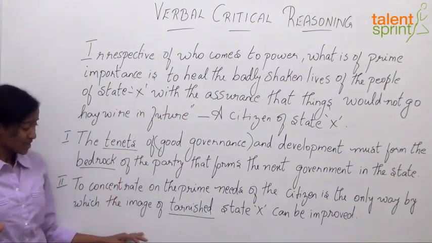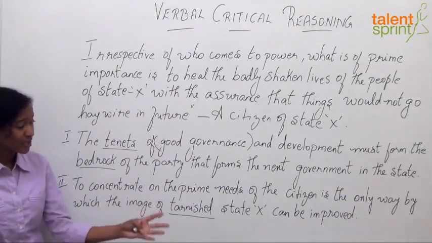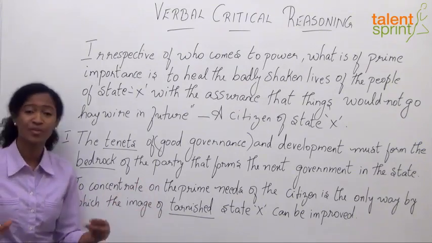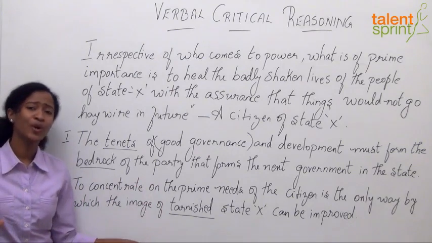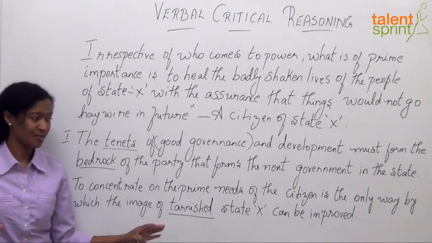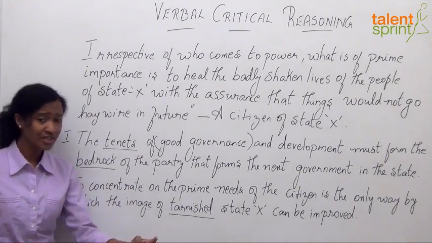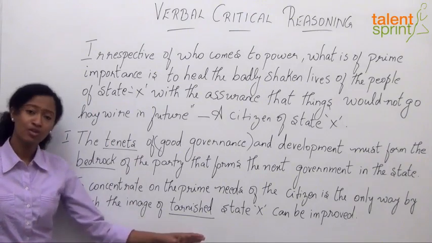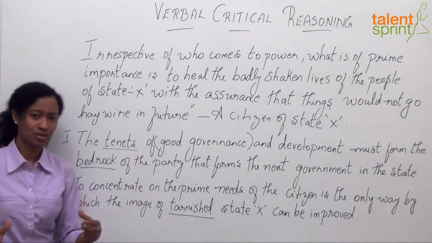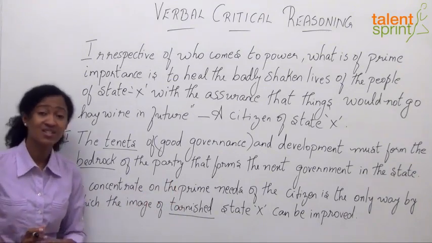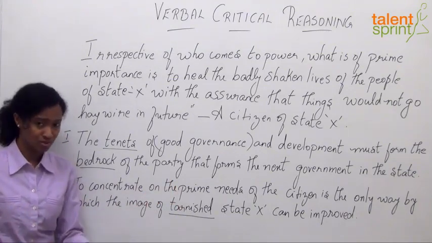But the second one says to concentrate on the prime needs of the citizen is the only way by which the image of tarnished State X can be improved. Now here, we can't go ahead and say that this assumption is understood from the statement simply because it doesn't give you an alternative, and it gives an ultimatum saying the only way to restore this tarnished state is to concentrate on the prime needs of the citizen, which may not be necessarily true, right?